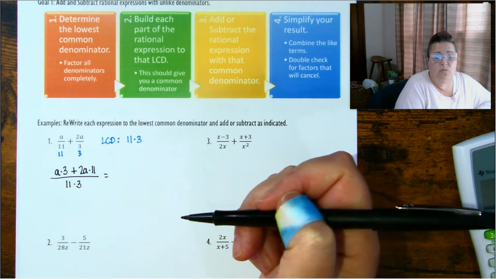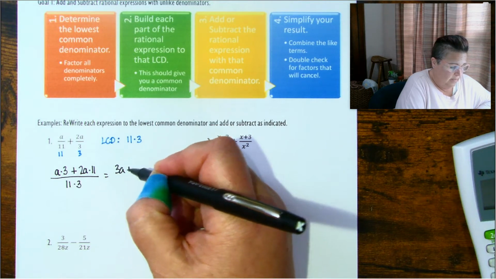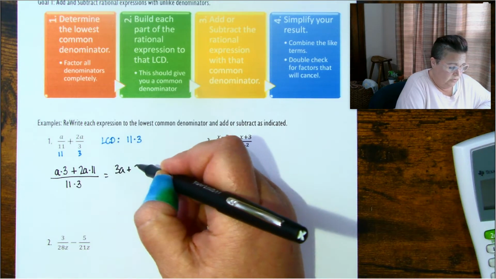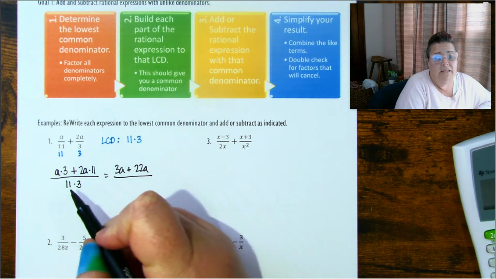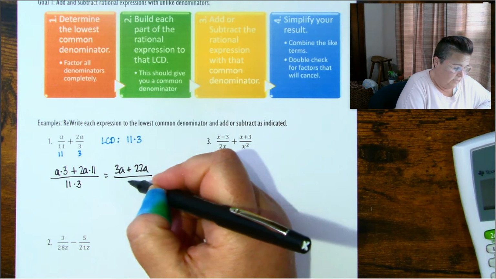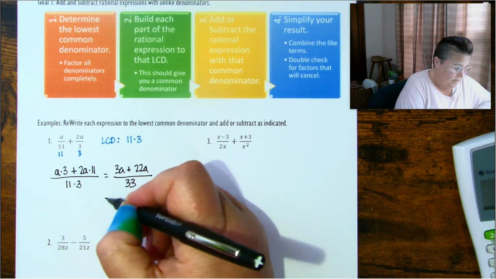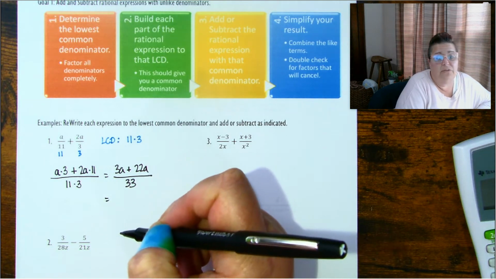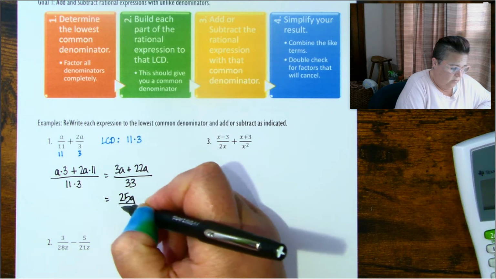To simplify the numerator, I simply multiply the 3 by a and add that to 2a times 11, or 22a. Now, I can do 11 times 3 if I want, or I can leave it for the time being. I'm going to do 11 times 3 is 33. To further simplify, I can add the 3a to the 22a to get 25a over 33.